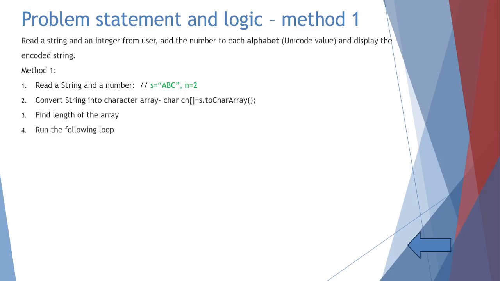For example, capital A is 65. 65 plus 2 is 67. That is nothing but A becomes C, and then B to D, C to E. So the encoded string would be CDE in place of ABC.